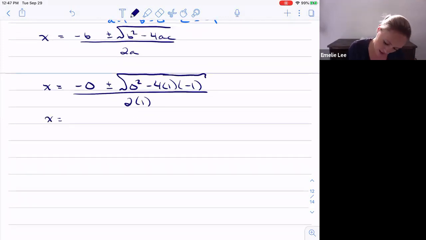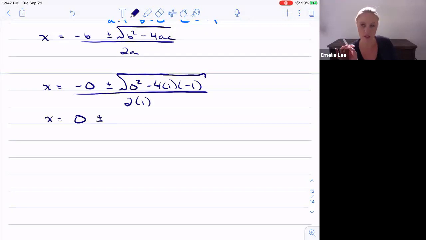Okay, so x is going to be 0. Negative 0 is 0. Plus minus, okay, negative 4 times negative 1 is 4. 0 plus 4 is 4. The square root of 4 is 2.